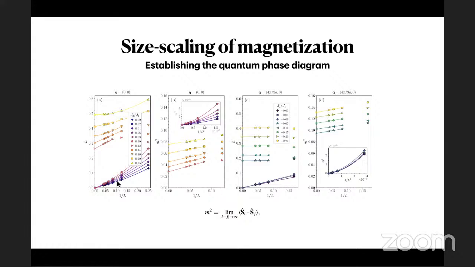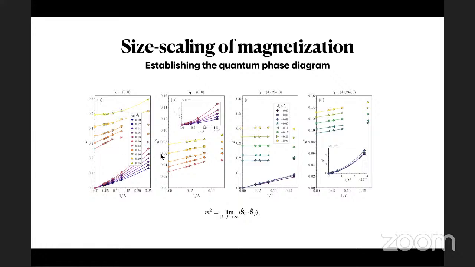But with size scaling in 1 over the linear system size, it cleanly goes to 0, starting from the nearest neighbor model and adding a perturbation of 2%, 4%, 6%, 8%, 10%, and then you suddenly find a jump. It no longer goes to 0, but cleanly scales to a finite value, indicating that there is now long range magnetic order in the thermodynamic limit.